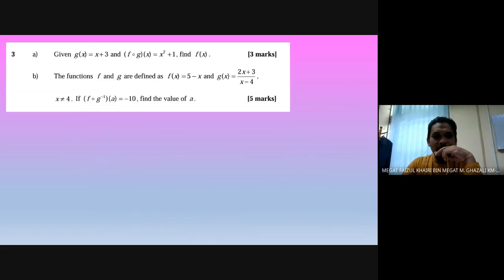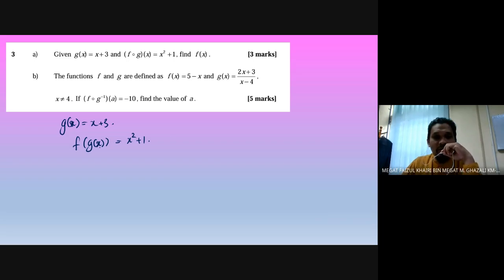Okay, number 3. Given g(x) = x + 3 and f(g(x)) = x squared + 1, find f(x).